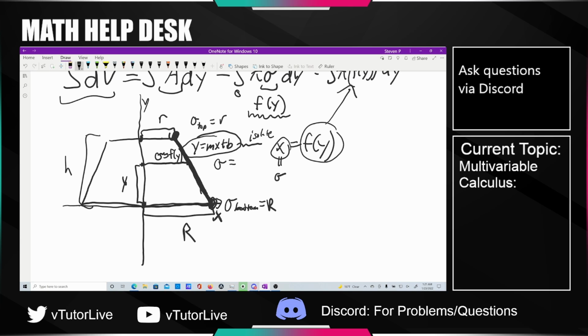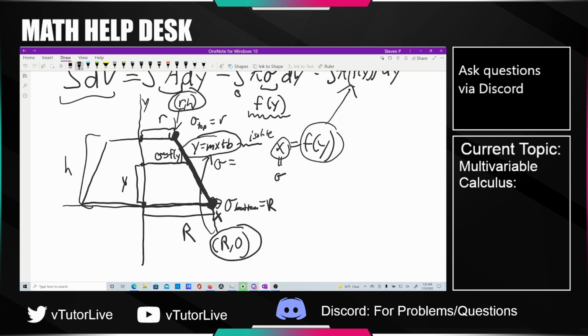Yeah. So remember, they came in. I kind of brushed over them, and I'm happy you asked because they come into play: you know that this point is big R comma 0, and you know that this point is little r comma h, right? So big R, little r, and h are all going to be incorporated into your linear equation right here. You see that?